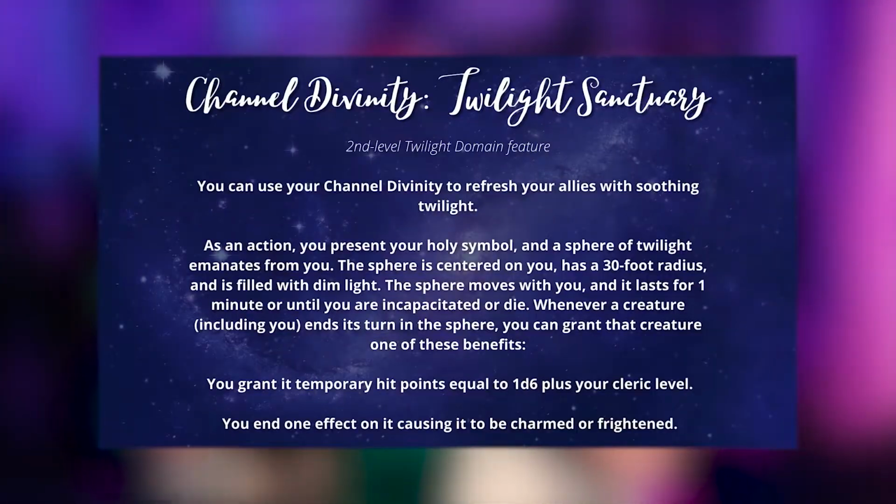She ended up with a negative constitution modifier, and her low HP was also a problem, but also very funny because Twilight clerics get an aura that allows them to give temporary HP to any character within that aura when the character ends their turn there.